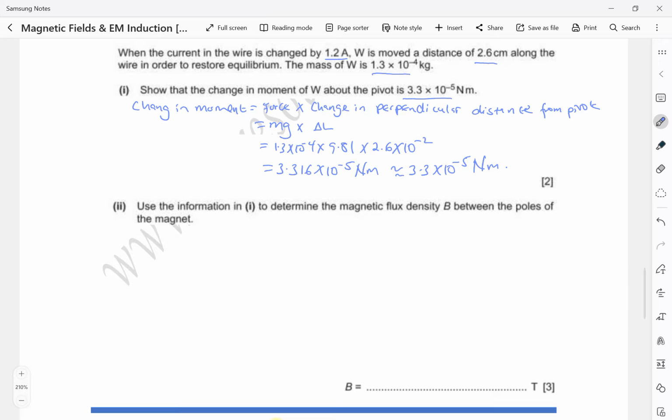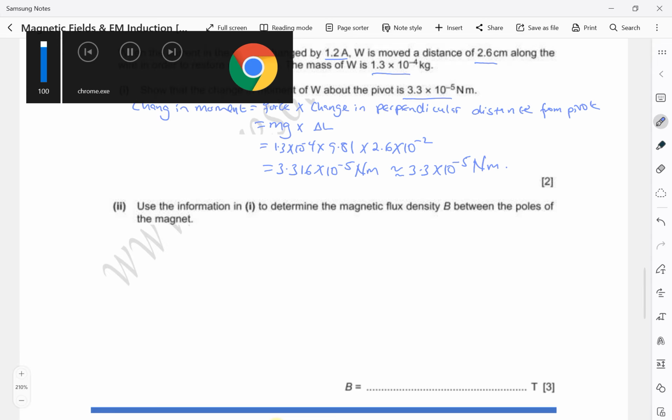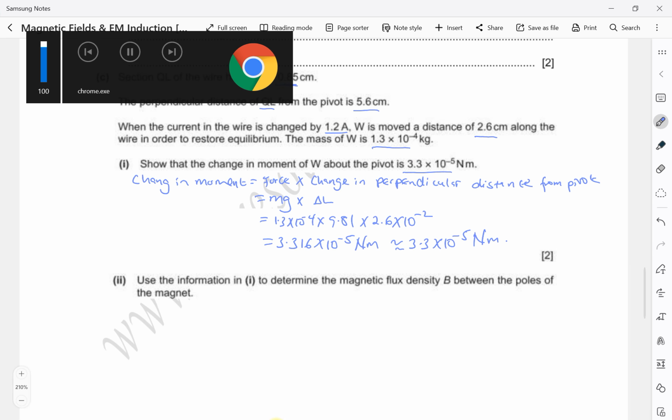Use the information in Roman 1 to determine the magnetic flux density B between the poles of the magnet. So for equilibrium, the change in clockwise moment should be equal to the change in anti-clockwise moment, because to restore equilibrium, there had to be a change in moment.